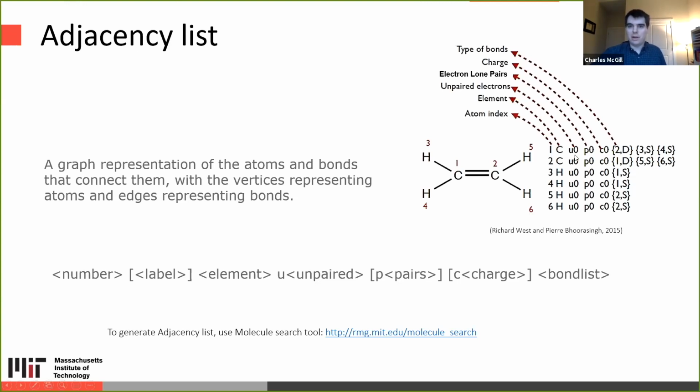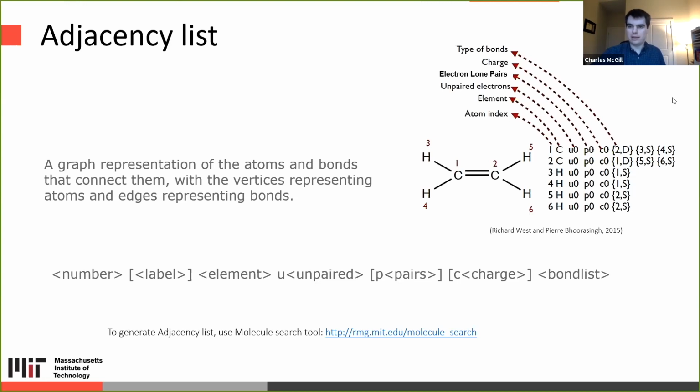Then you have unpaired electrons. If you had a radical, one of those would be U1 instead of U0, followed by electron lone pairs. So if one of these atoms was nitrogen, then it would presumably have one lone pair. It would have P1 instead of P0. Followed by charge. This is the local formal charge at an atom.